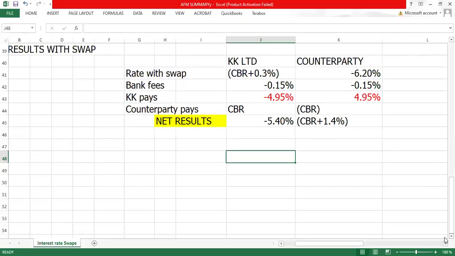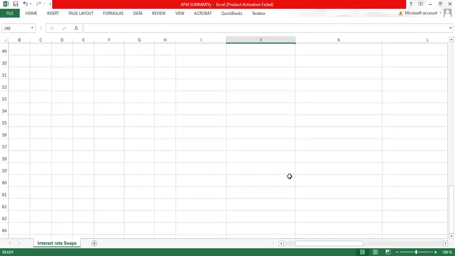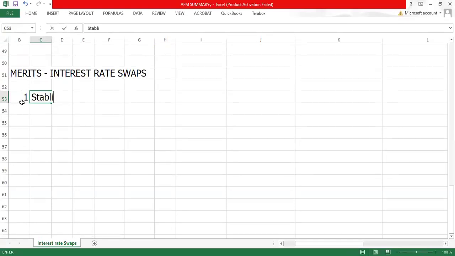Do you know them? Stabilization of the what? Stabilization of the cash flows.